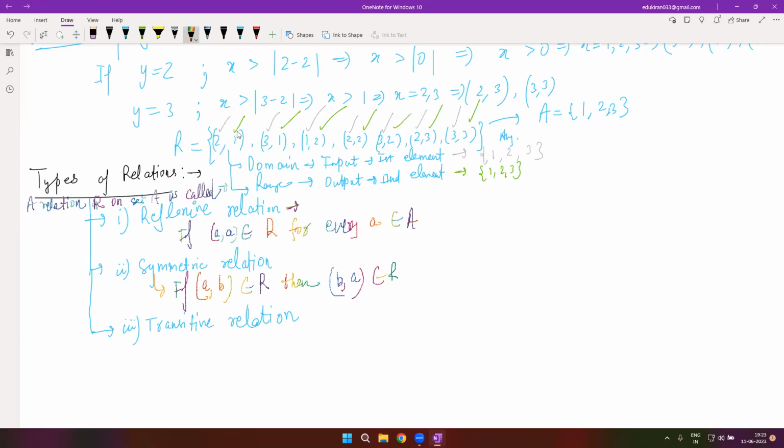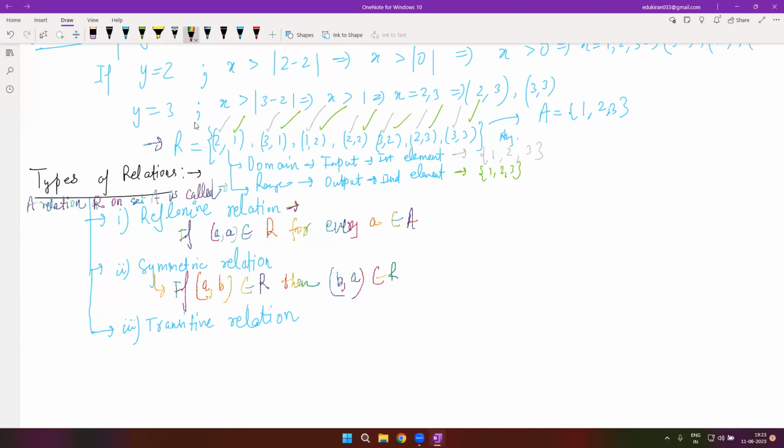Now let's understand for this relation only, which is given here. So we are trying to find out whether this relation is reflexive. We have already found out that this relation is not reflexive because it does not contain 1, 1. Now coming to the symmetric relation, how to check it? You start from the first pair. There is 2, 1. So if this relation is symmetric, then 1, 2 should also be present.